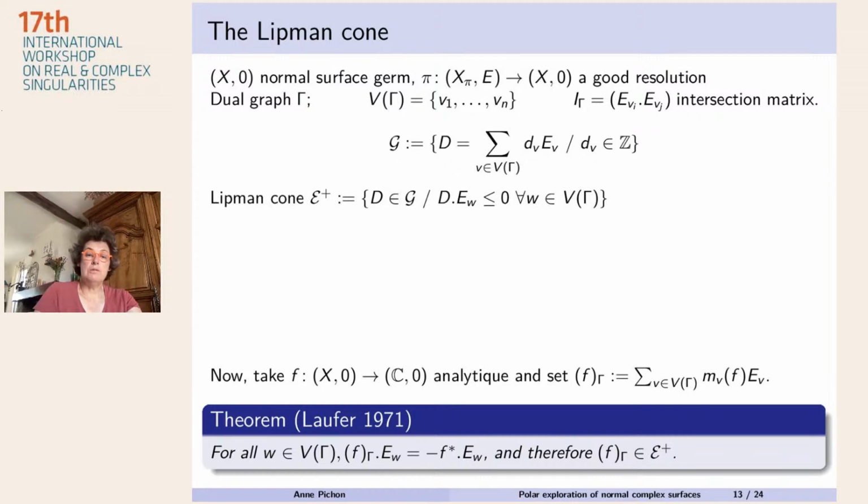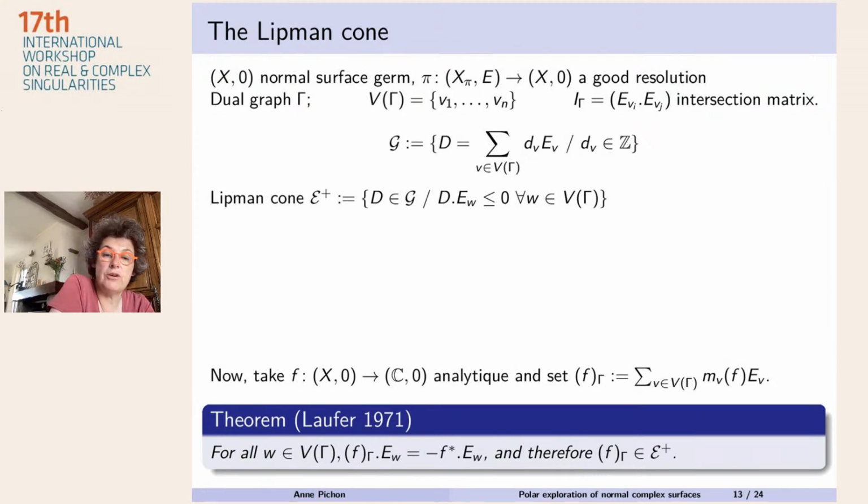It's because now take an analytic function germ on X, f, from X0 to C0, and consider its associated divisor, f gamma, the sum of MVF EV, where MVF is the multiplicity of f along EV.